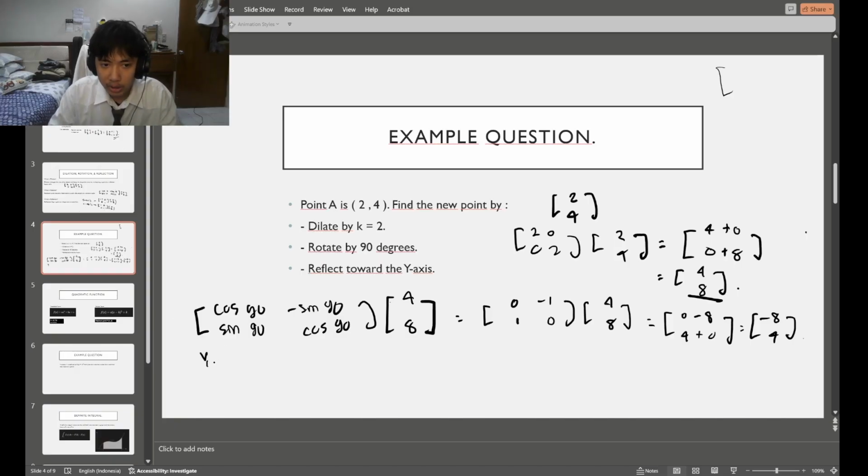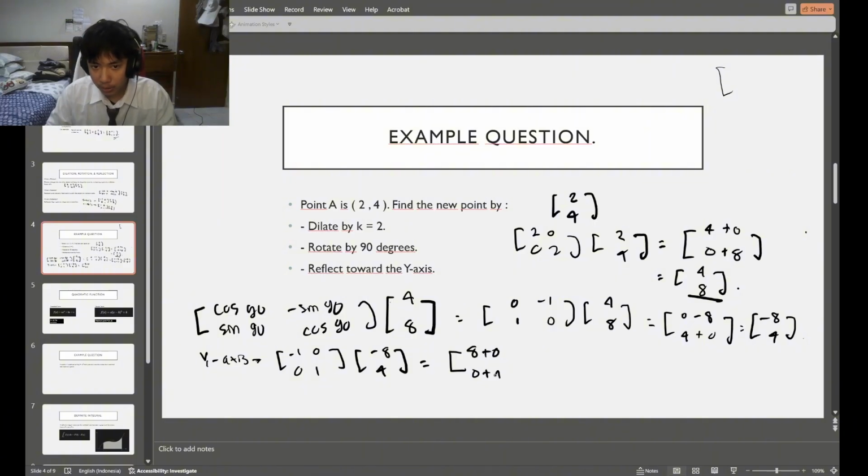The y-axis uses the minus 1, 0, 0, 1 form, multiplied by minus 8 and 4, which is minus 8 times minus 1 is 8, minus 8 times 0 is 0, 4 times 0 is 0, 4 times 1 is 4, which we would get a final answer of 8, 4.